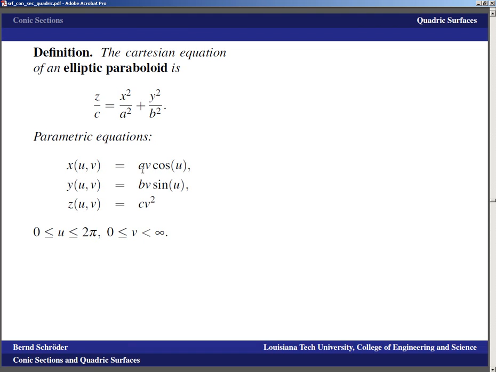In order to parameterize the whole elliptic cross-section, we need to let u go from 0 to 2 pi. And because we want to capture all the z-coordinates that are possible, which is everything that is non-negative, we let v go from 0 to infinity.